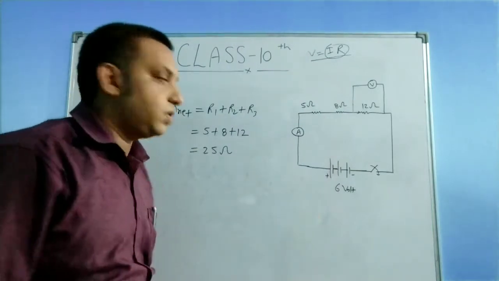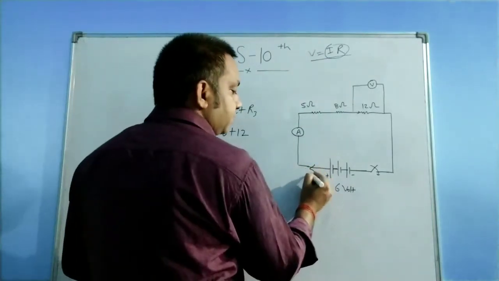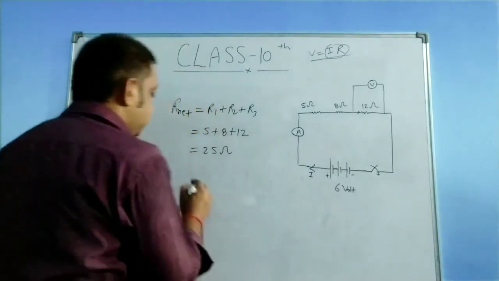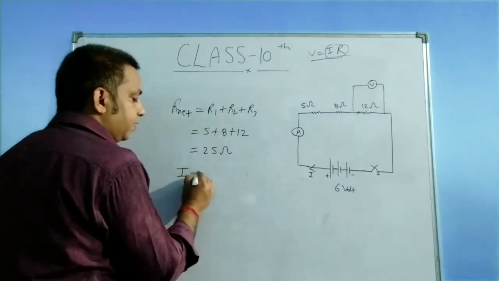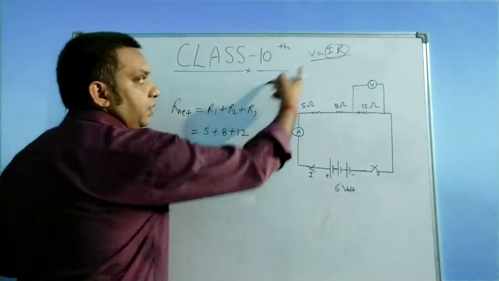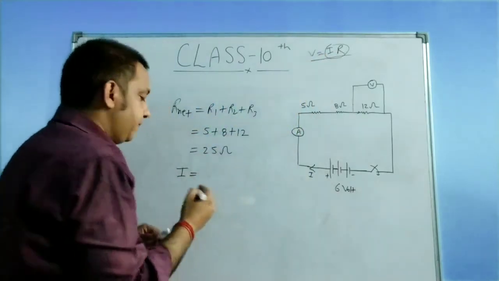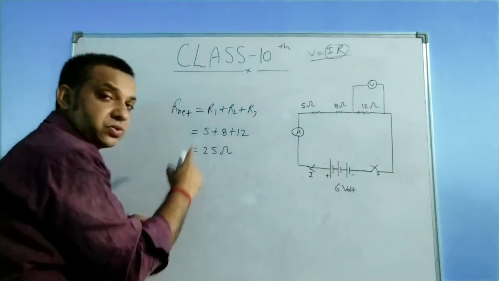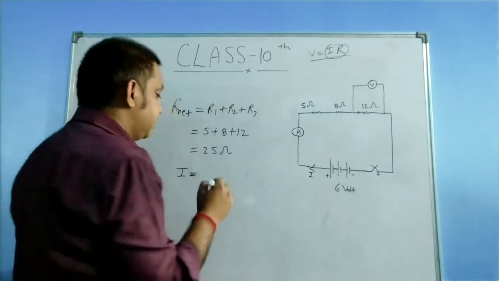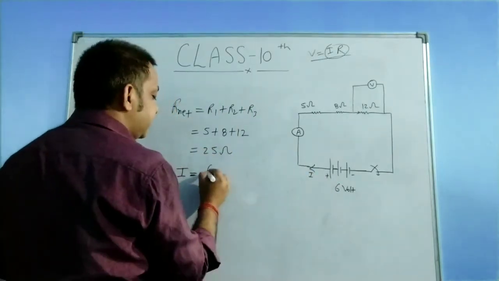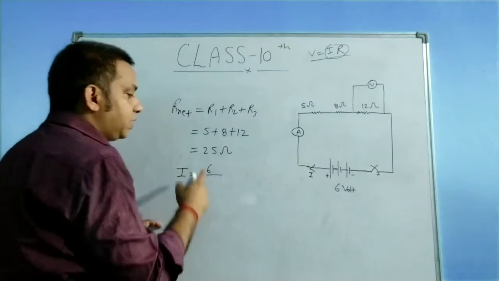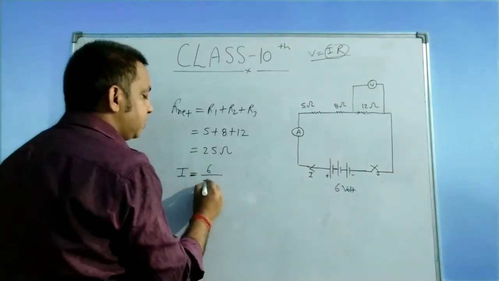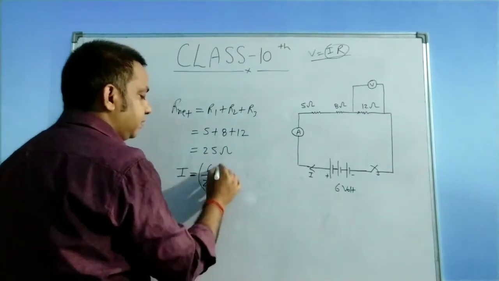So how can we find the value of this current I, or the current supply? I will be simply I is equal to V by R, according to Ohm's law. So for the total current, the total voltage upon the total resistance. The total voltage is 6 volt, divided by the total resistance, which is 25.